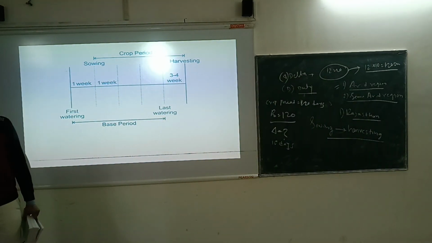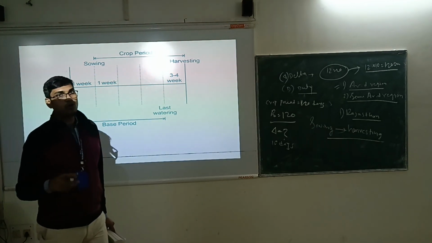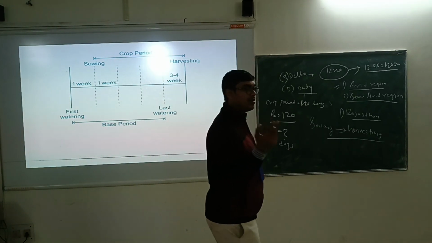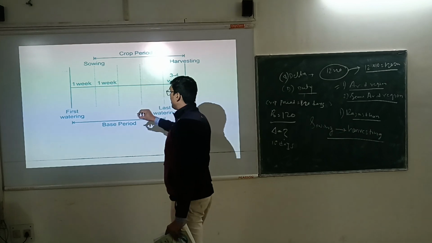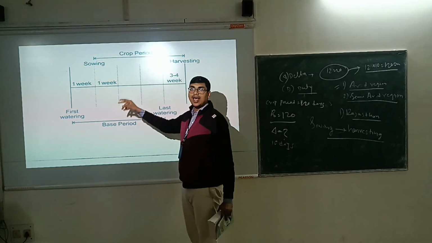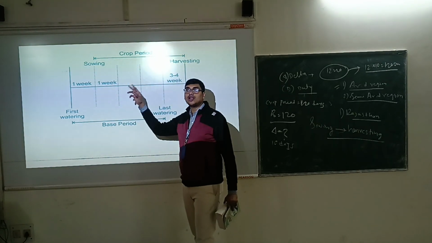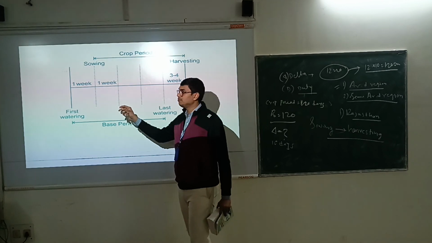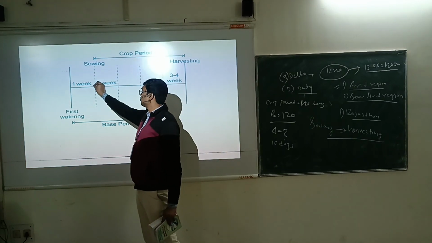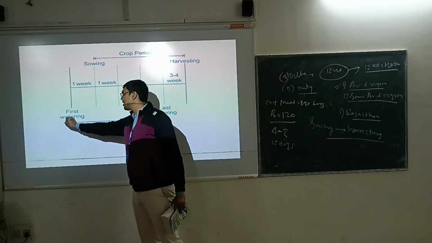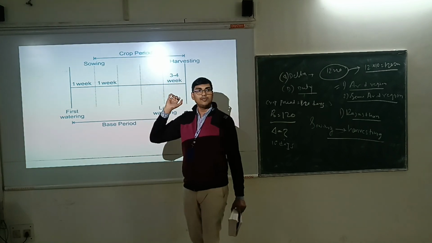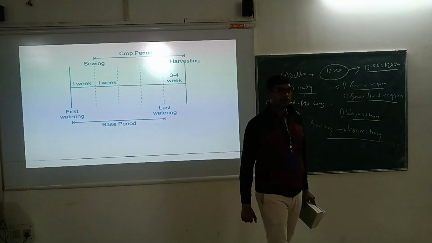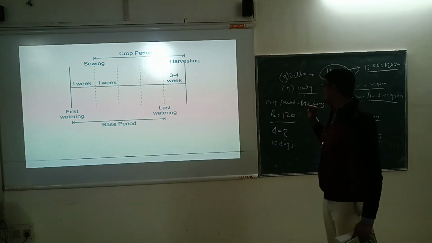Here it is given as base period. We are assuming that crop period and base period are both expressed in days and both are almost the same, because one is the first sowing time and the other is the first watering. So there is no difference.